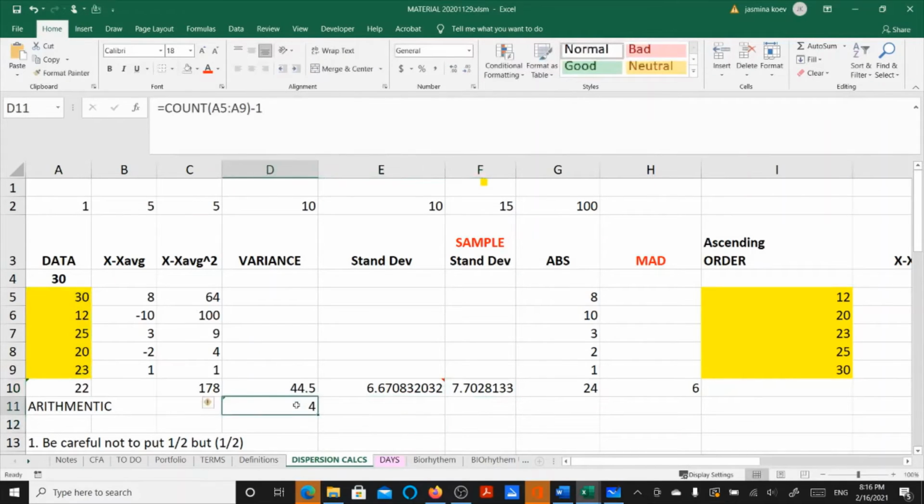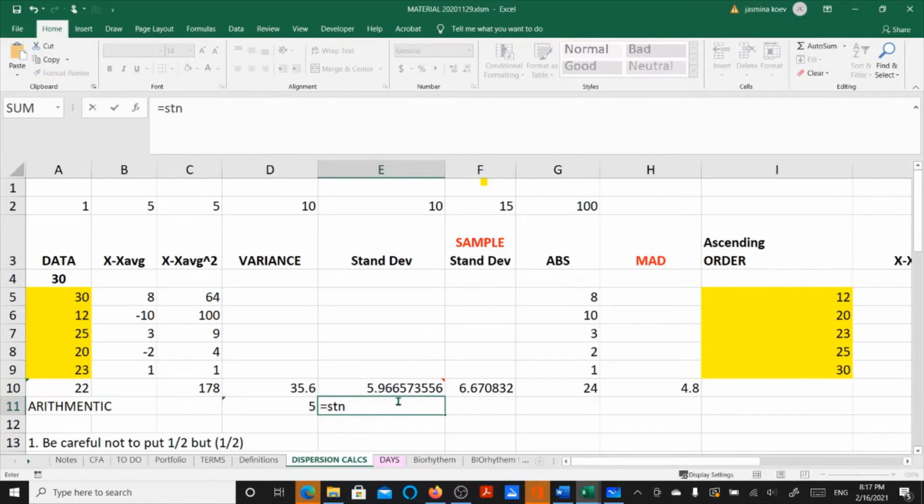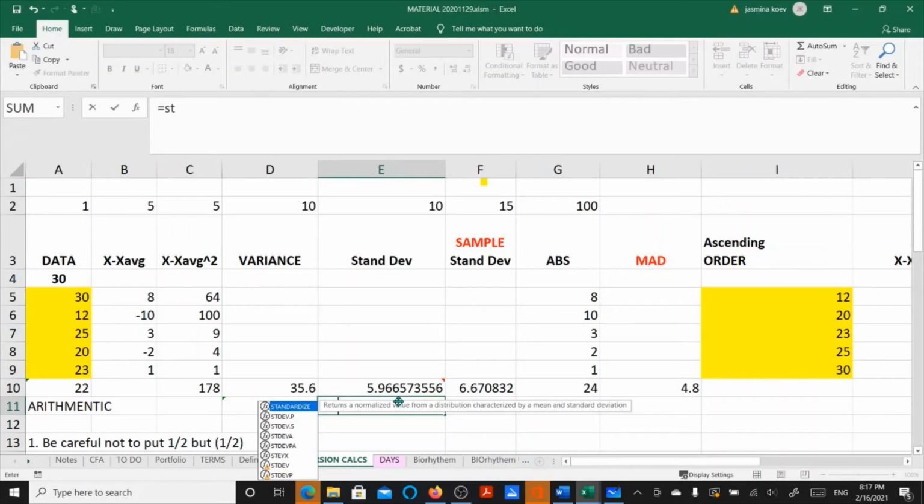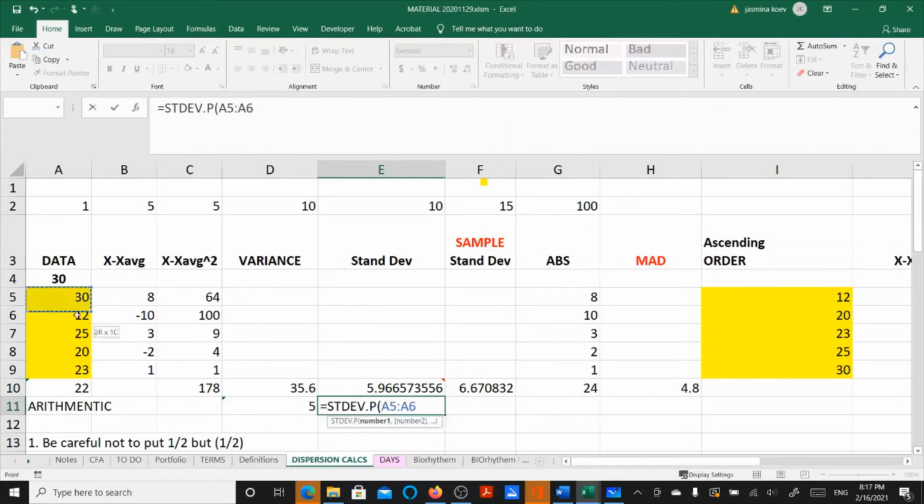Let me get rid of the 5. I'm going to show you then a standard deviation. Here's standard deviation. I'll do the population standard deviation. Grab these guys again.